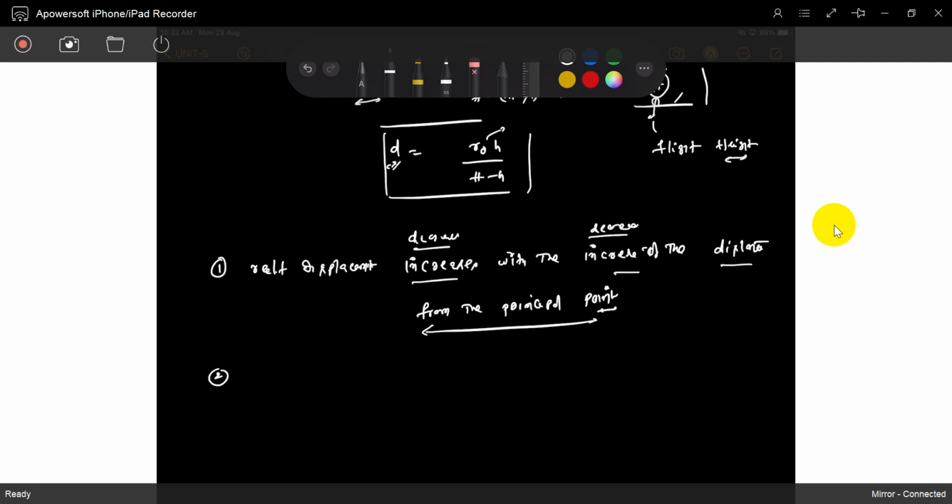Okay, the next parameter you can take is that the relief displacement decreases with the increase of flying height.